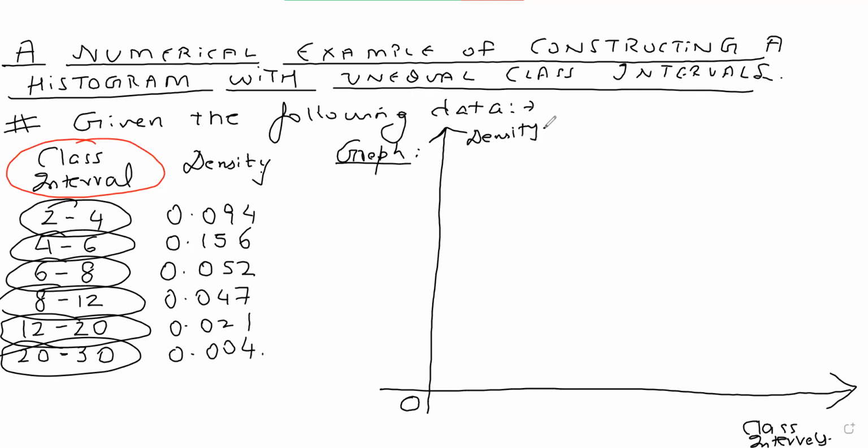My class intervals go from 2 to 4. Let's say 1 centimeter gap represents a class width of 2. So 2, 4, 6, 8, 10, 12, 14, 16.